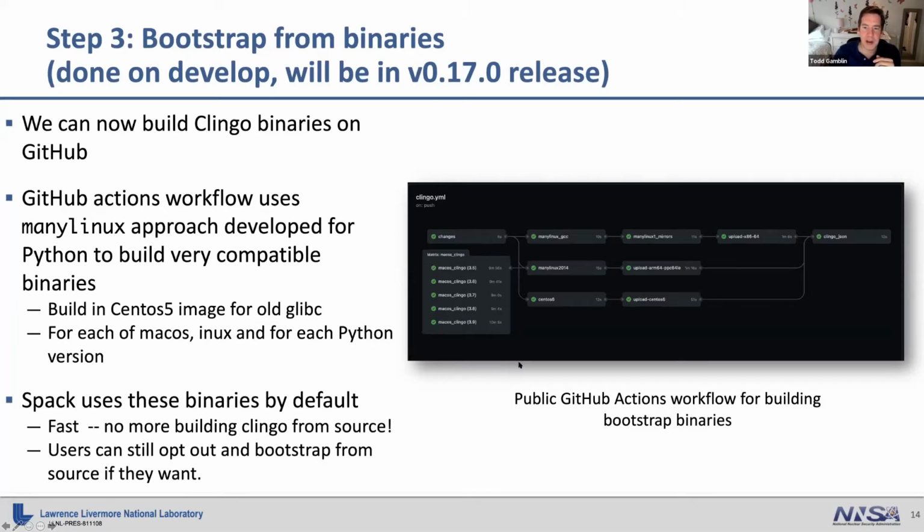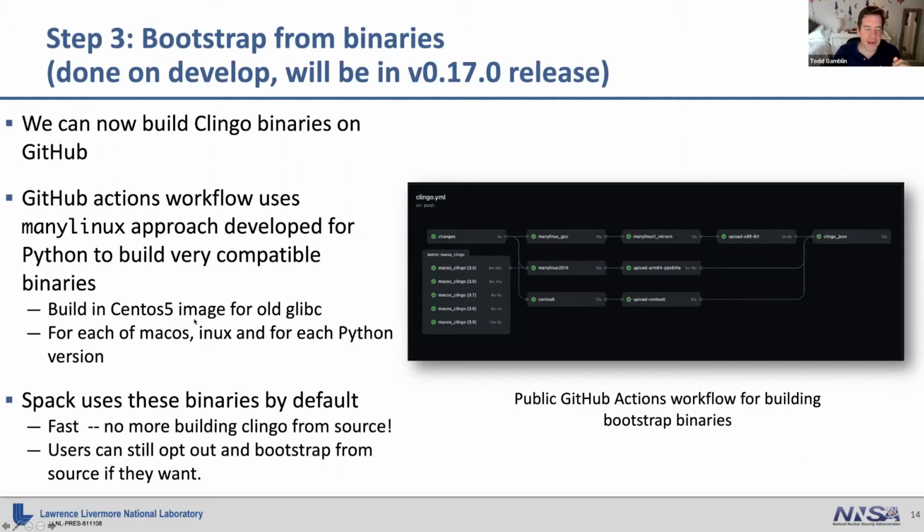But we have a public binary repo with builds that are done in GitHub Actions. So you can actually see the builds that we do to bootstrap the new concretizer. And so if you have doubts about their authenticity or the provenance of them, you can actually see where we build them. They're completely transparent. And Spack will install them. They're built very portably.